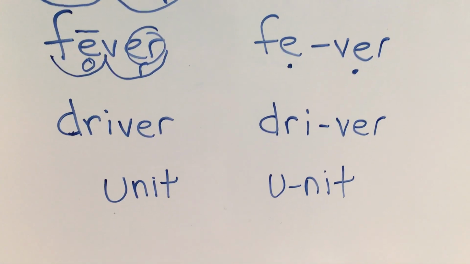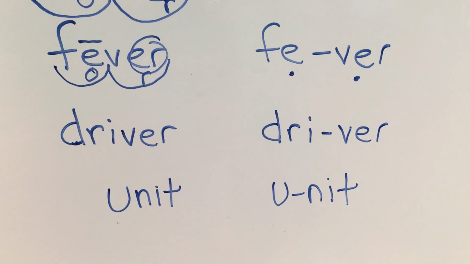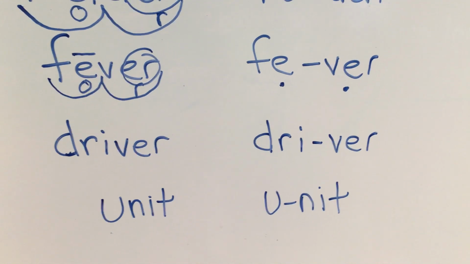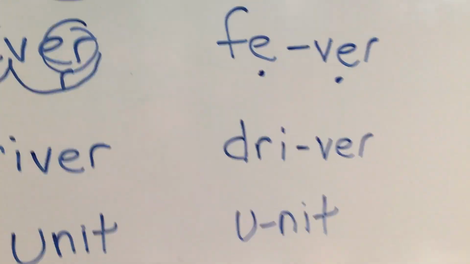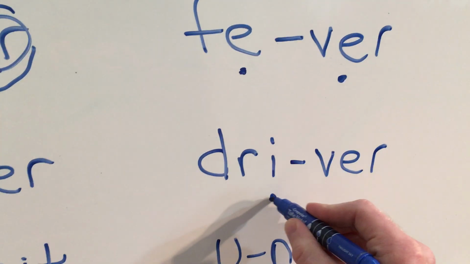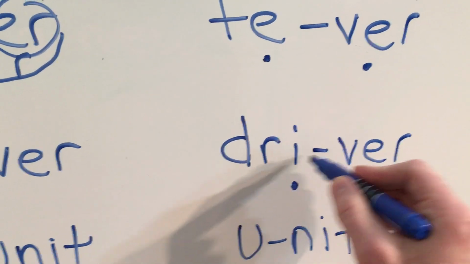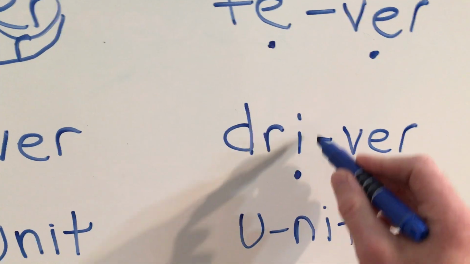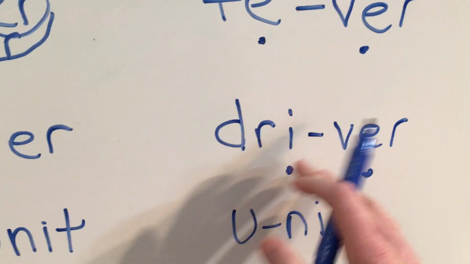Next one, driver. You clap it up. I can't clap it up because I'm holding the marker and the phone in my hand, so you'll have to do that at home. Driver. Two syllables, two vowels. That lets us know there's going to be at least two syllables in there. Dry, long I, ver. We hear that long I. There's no consonant blocking it off, because that's the end of the syllable.